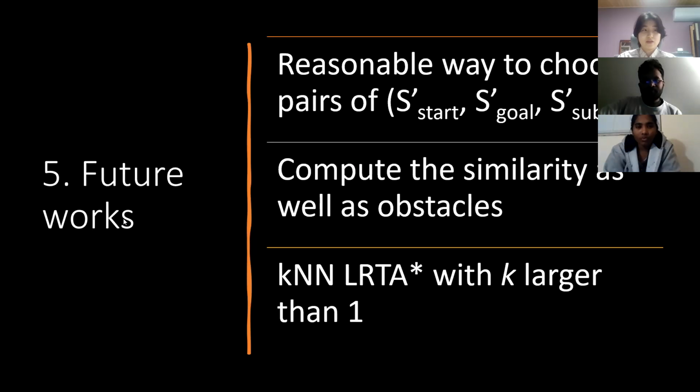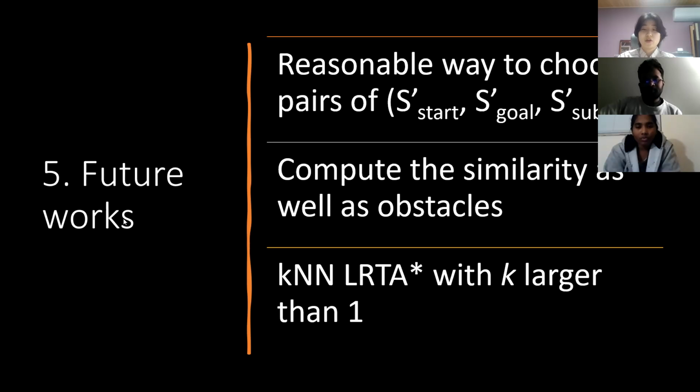And lastly, they provide some future works. How can we enhance the performance of KNN real-time A-star search? In the subgoal data construction, the algorithm chooses pairs of S start, S prime goal, S prime subgoal randomly. The algorithm can be improved if the pairs are selected in a reasonable way.